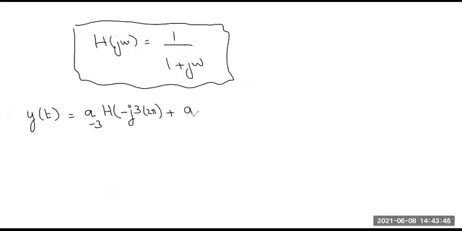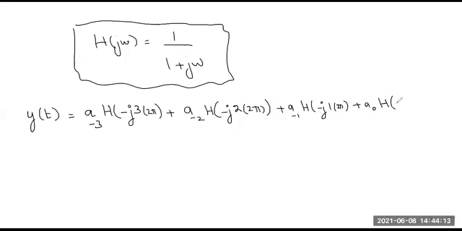Then you will have a of -2 and h of -j2 of 2 pi. Then you have a of -1, then you will have a of 0, and of course this will be 0. So this is how you will find it.